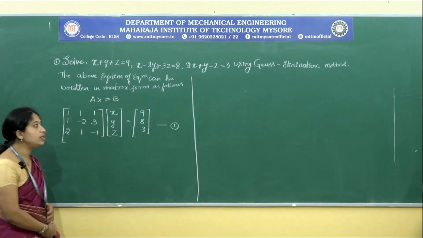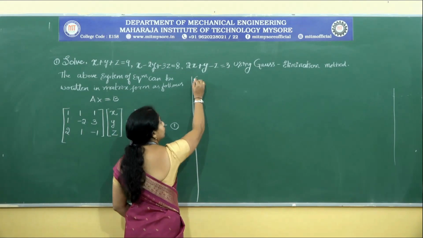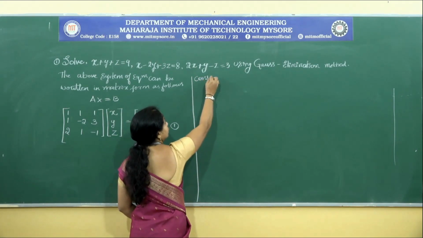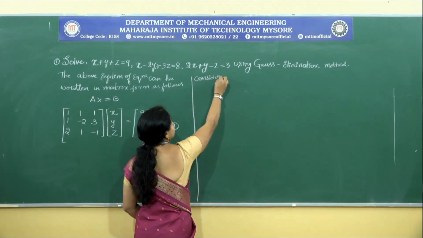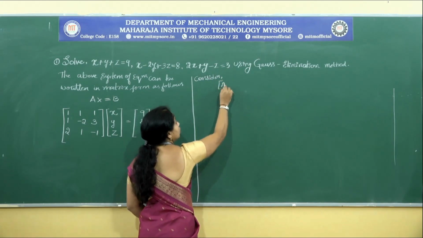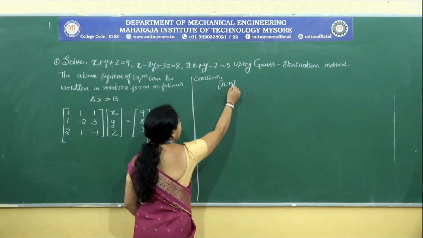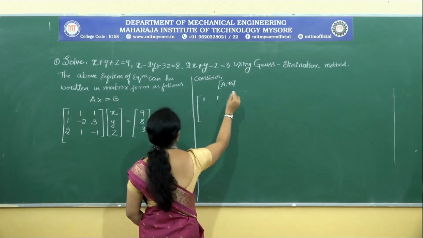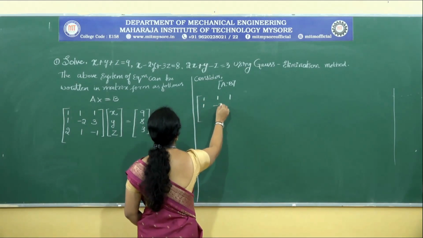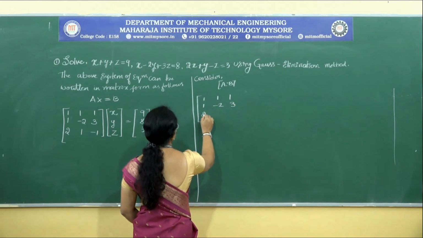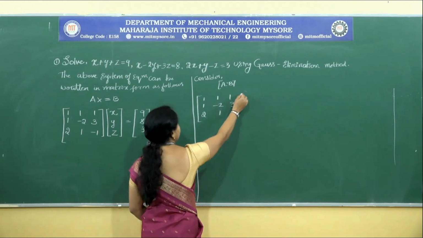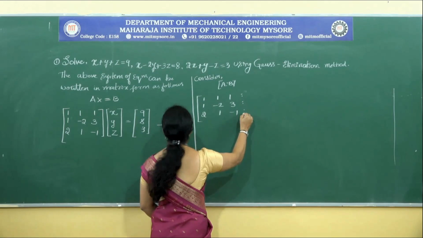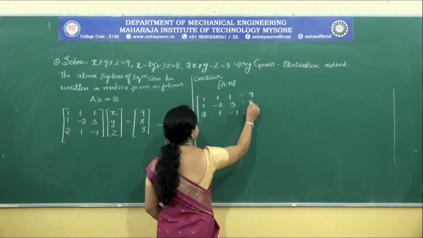Now we are supposed to consider the augmented matrix. Consider the augmented matrix, that is 1, 1, 1, 1, minus 2, 3, 2, 1, minus 1, 9, 8, 3.